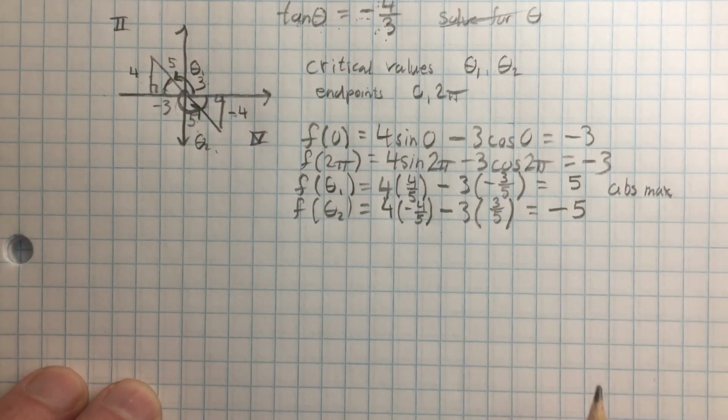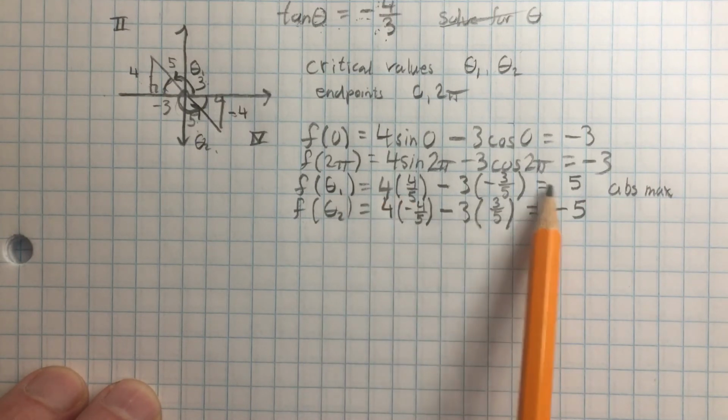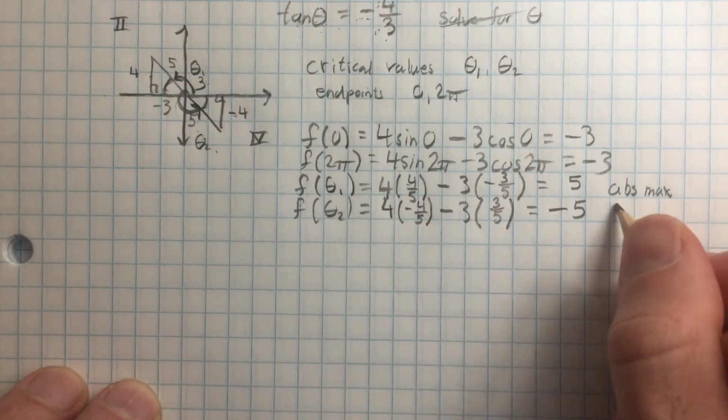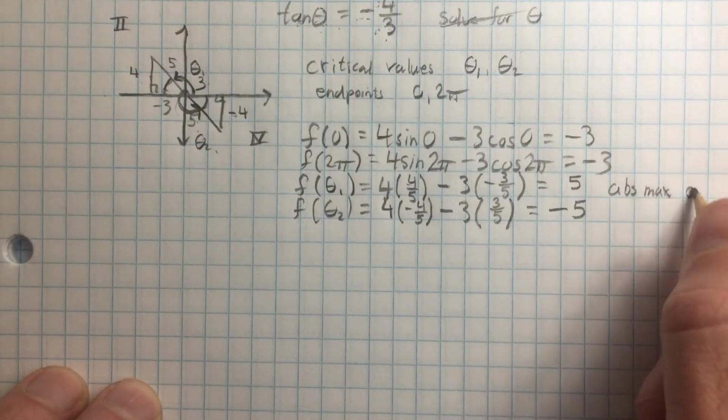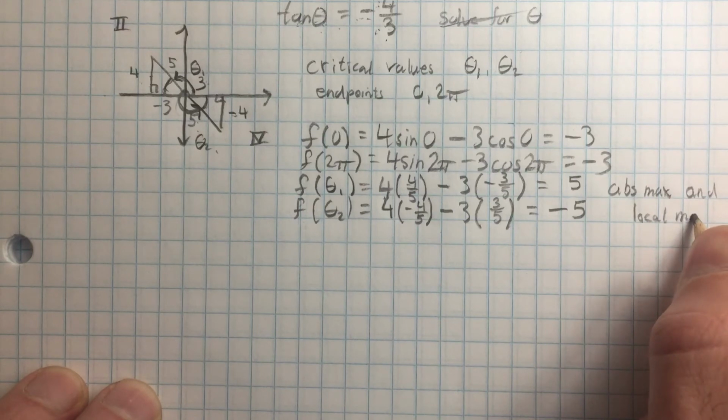on this interval. It turns out that, again, this came from the derivative being 0. So in this particular context, this is also a local max as well.